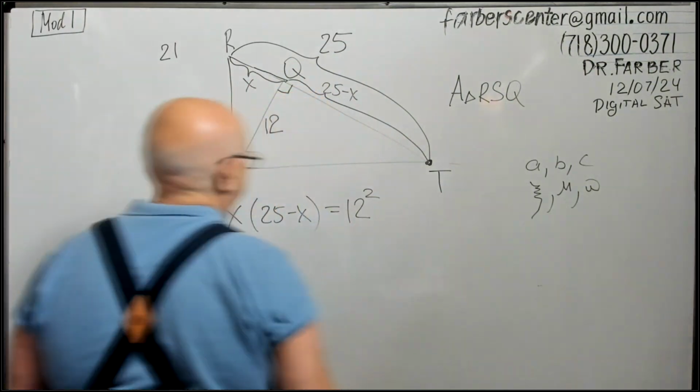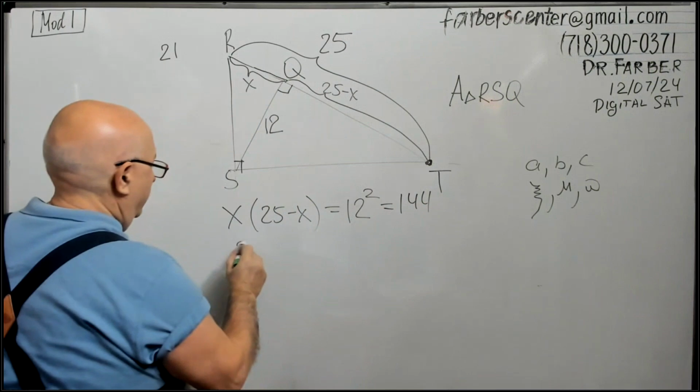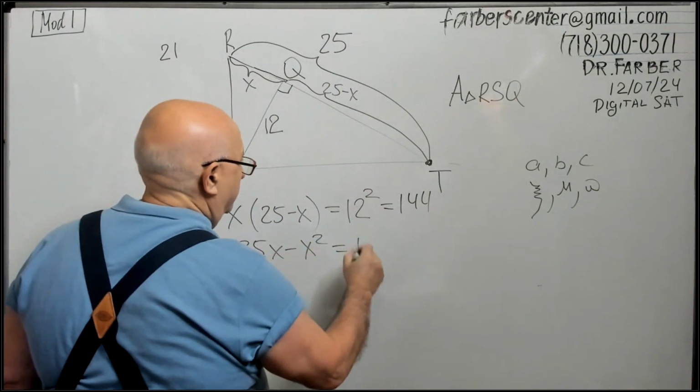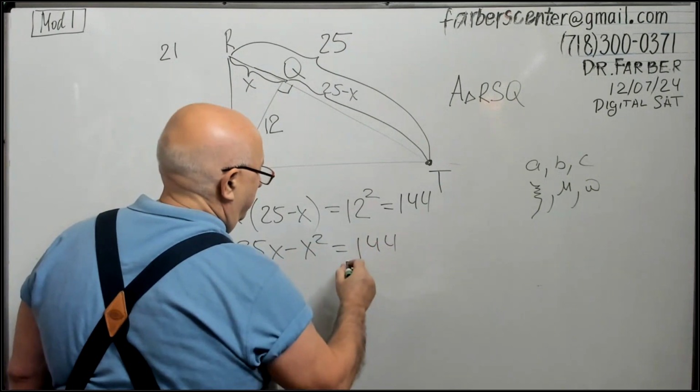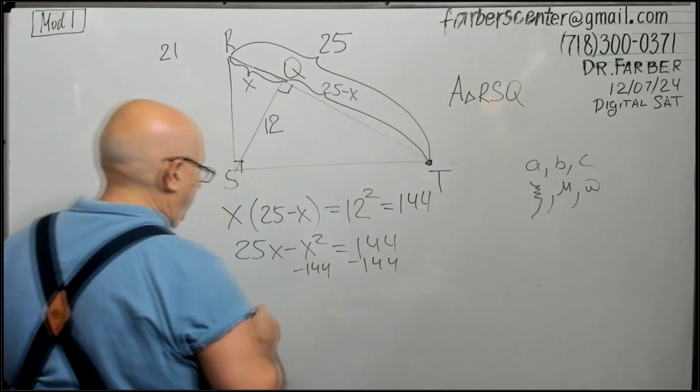It's enough. And this is 144, and 25x minus x squared equals 144. Minus 144, normalize. And what do we have?